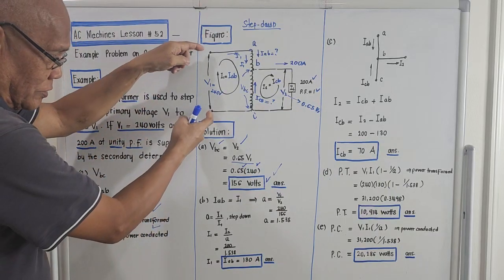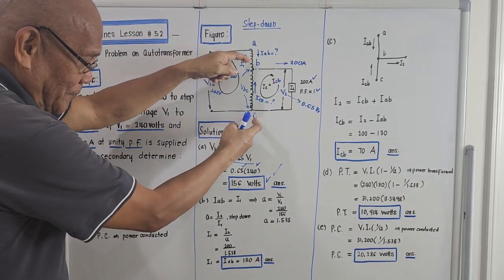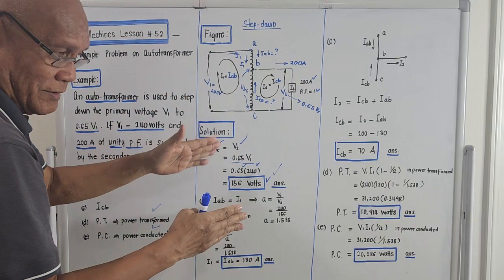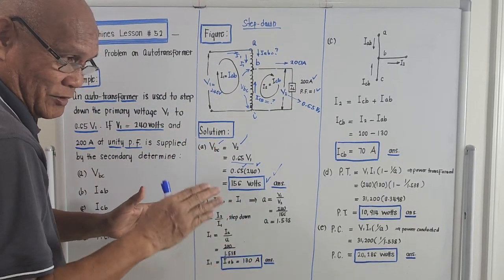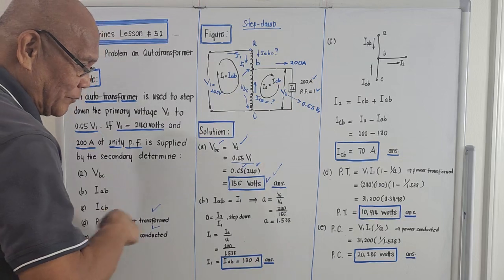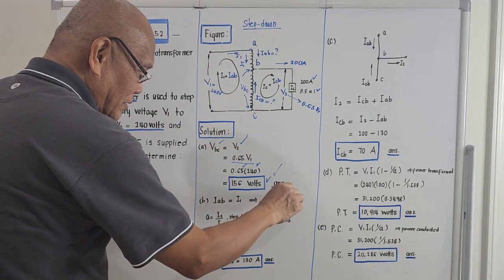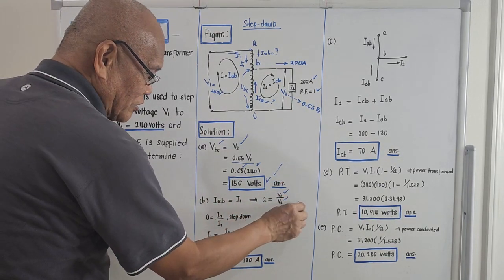The input voltage is 240, the output is 156. There is a transformation ratio over there; it's a step down. So a is the input voltage V1 over the output voltage V2. This is for step down.